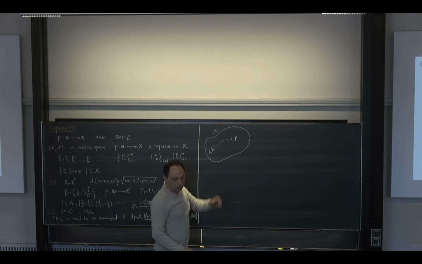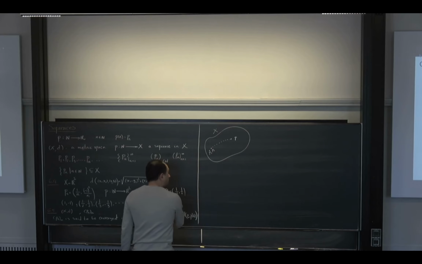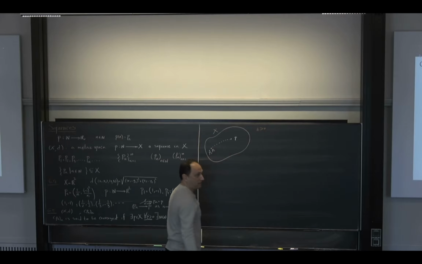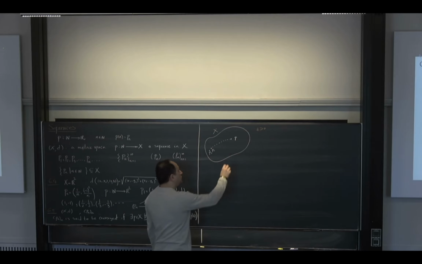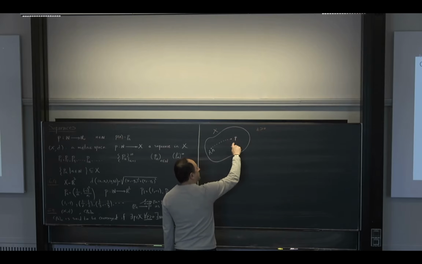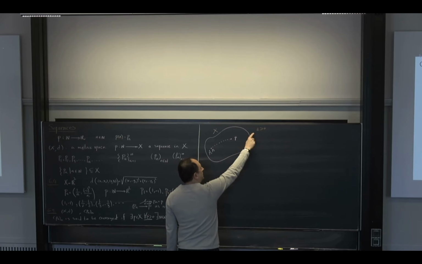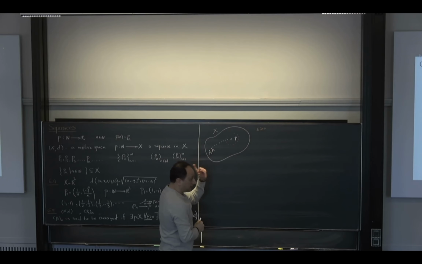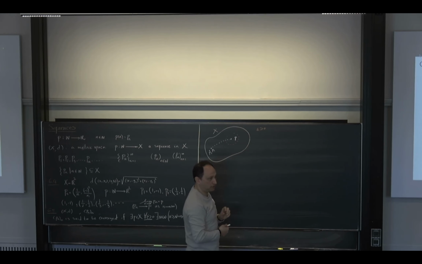This means that if you consider a positive epsilon, no matter how small it is, and you consider the neighborhood with center P and radius epsilon around that, eventually, and this is important, eventually all the points of the sequence will lie inside this neighborhood. Okay, no matter how small epsilon is.